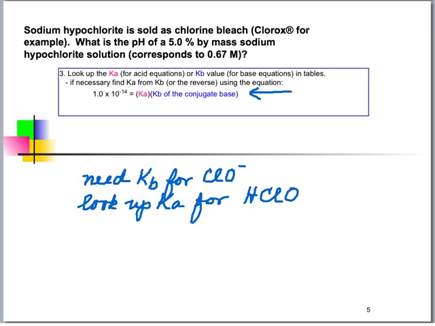The value for hypochlorous acid is 3.5 times 10 to the -8. The Ka will then be plugged in to our equation.